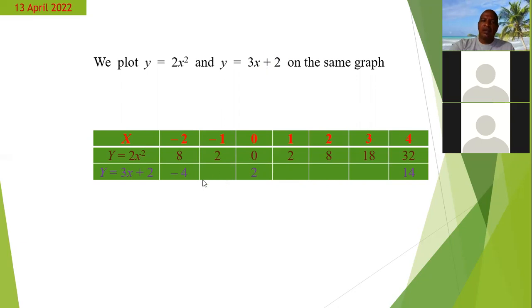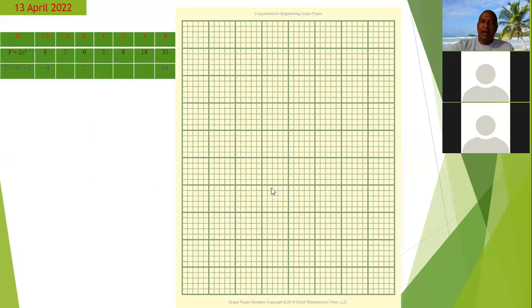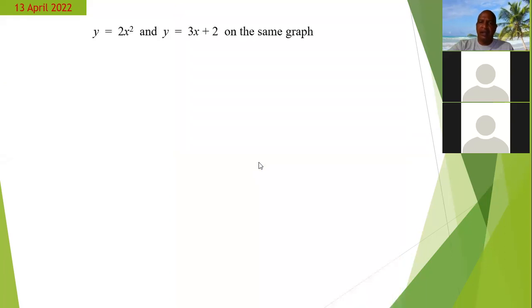All right, so what we are going to do is plot these two sets of values on the same graph. And so we're going to get a curve for one and a straight line for the other. Now I'm not going to go through the process of using this graph. I'm just going to skip to the animated graph that is already there.